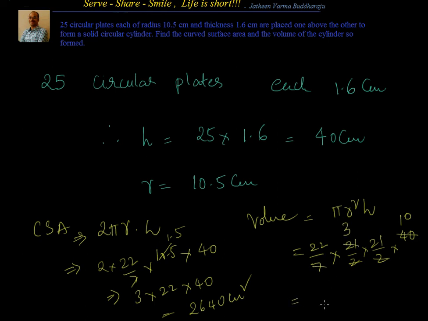We multiply that, we will have 22 by 7 into 21 by 2 into 21 by 2 into 40. That's nothing but 10 times, then we have 22 into 63 into 10, that's equal to 13,860 cm cube.